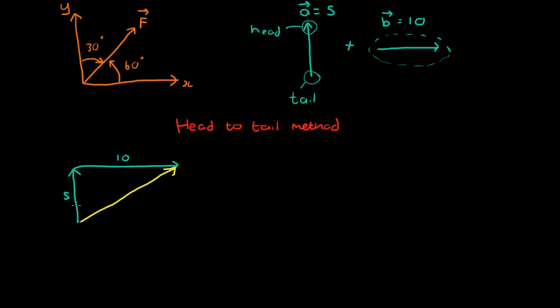Okay, that's what happens when we take the vector 5 going up plus the vector 10 going to the right. We get this here. Okay, and keep in mind that this magnitude is not 15. You can't go 5 plus 10 equals 15 because we're dealing with vectors. So all of a sudden, you'll realize that this becomes a bit of a trigonometry problem, right? Because we have a 90-degree angle there.